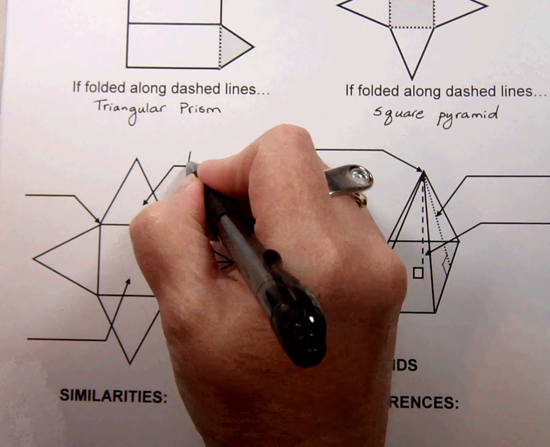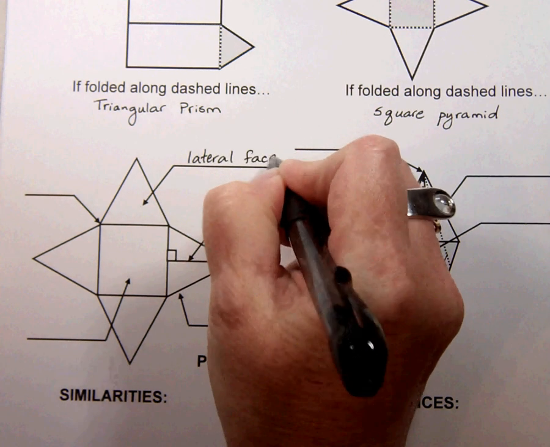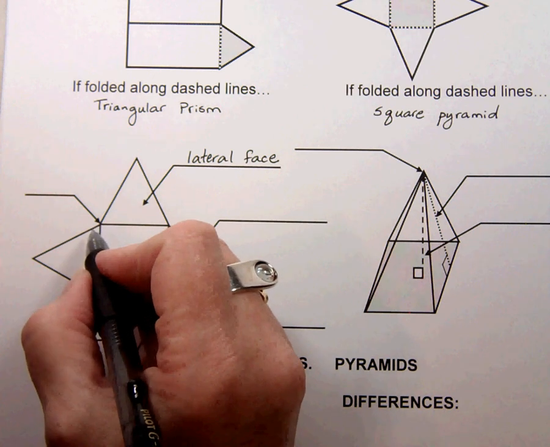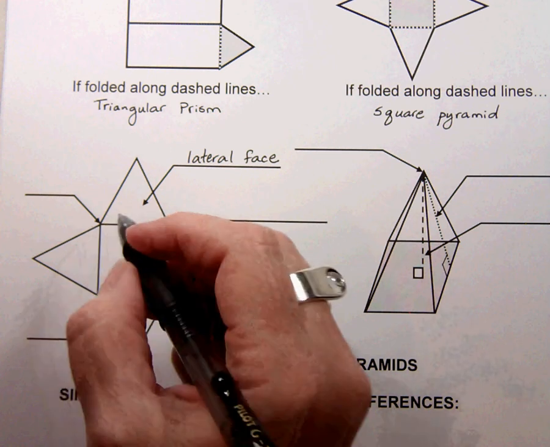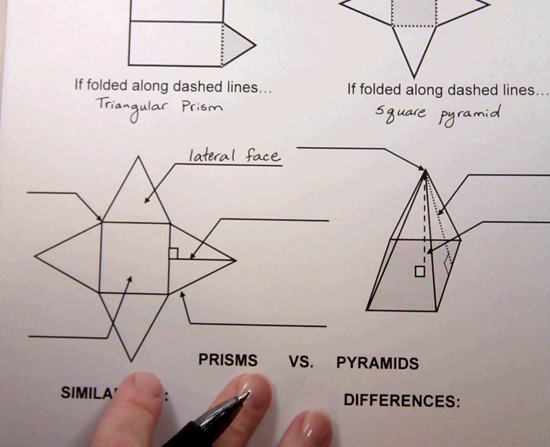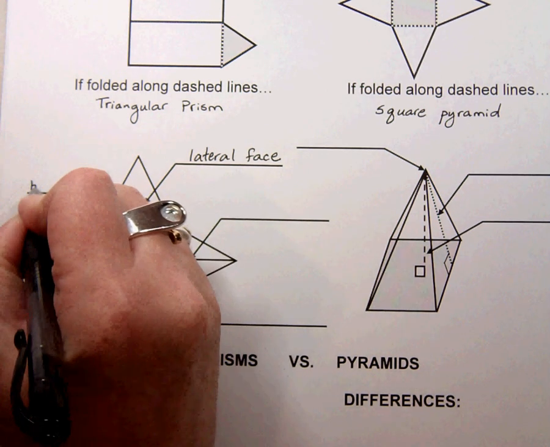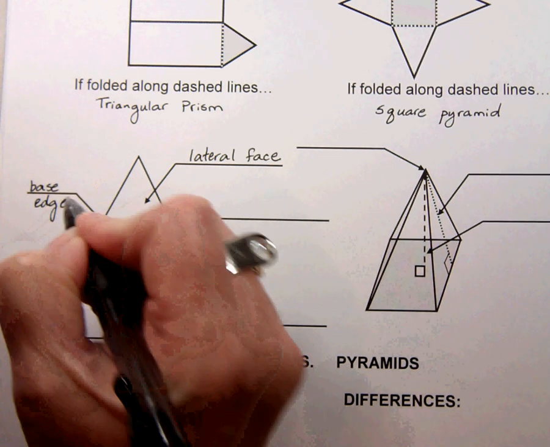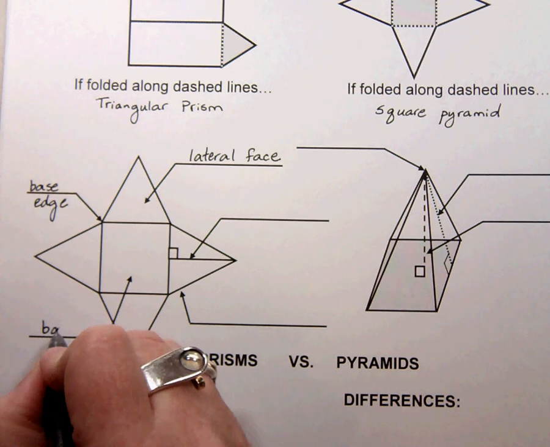This triangle up here is called the lateral face. This little point right here is a base edge. Actually, it's a vertex. Wait a minute. Okay, I guess that's pointing to this one. This right here, the square in the middle, is called the base.